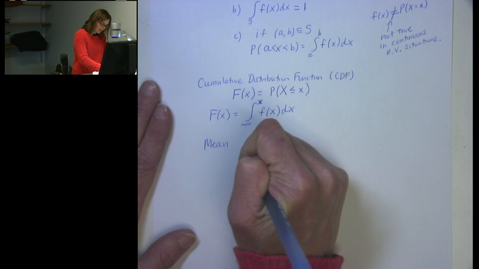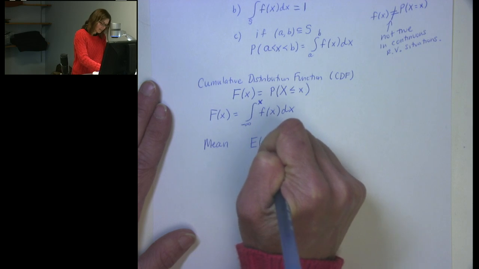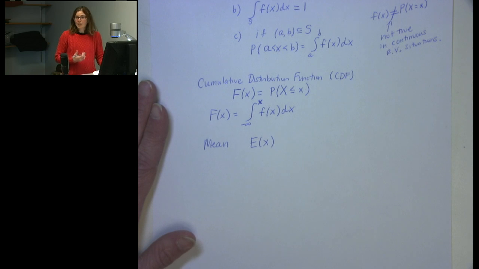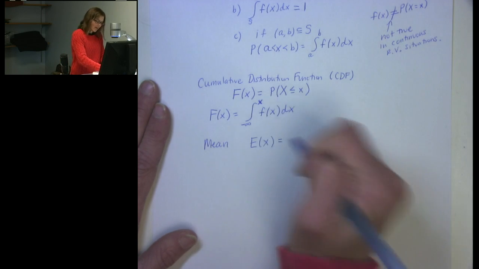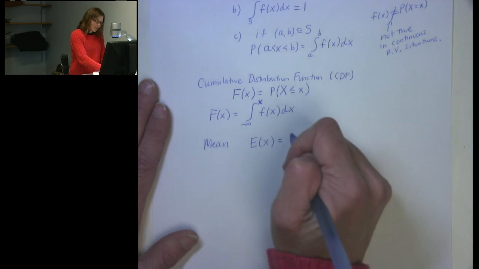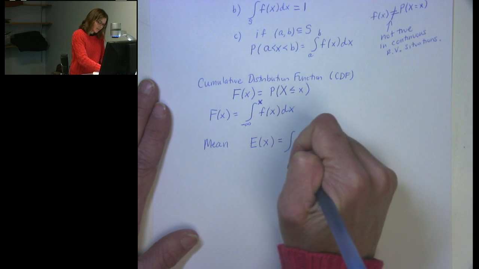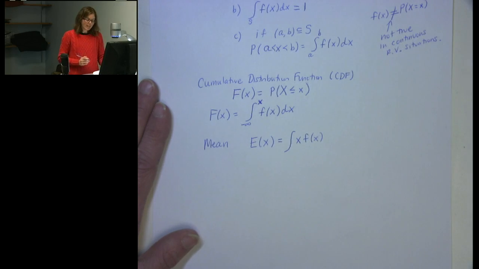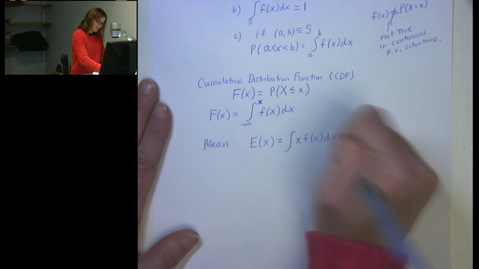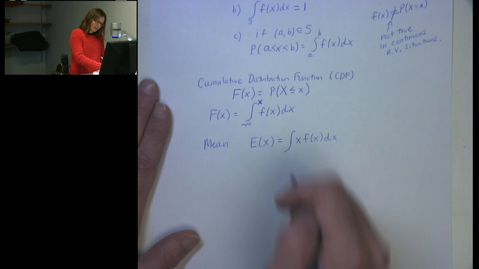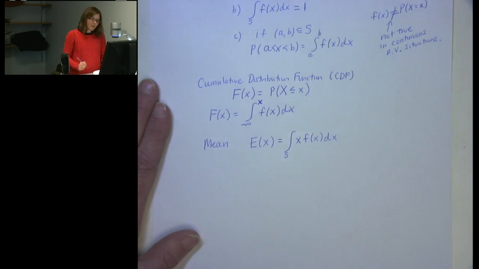The mean, which is the expected value of x: when we calculate expected values in the continuous setting, instead of adding with a summation our x times the probability that x takes on that value, we're integrating x times the probability density function f of x with respect to x, and evaluating it over the entire support of x.